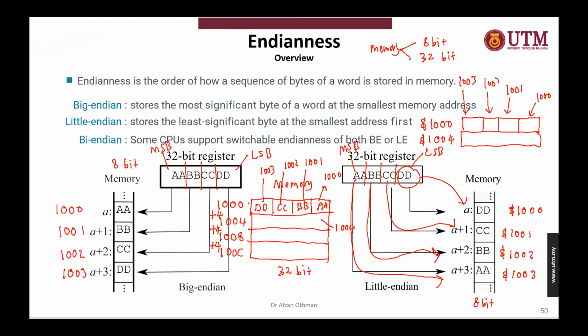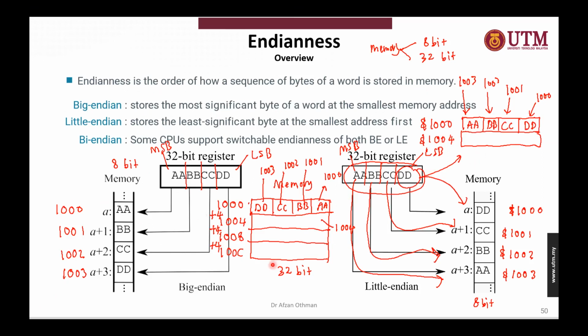How are you going to put this data to this address? Take the least significant byte of data and put it at the smallest address. So DD goes there, followed by CC, BB, and AA. Or you can copy this number directly and put it inside this address. So this is by using Little Endian.